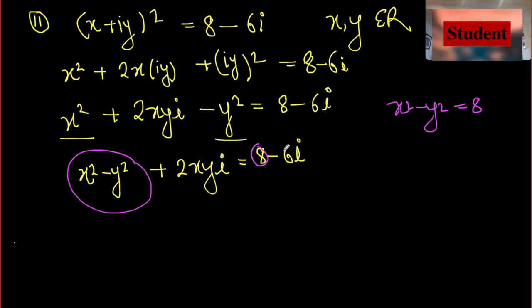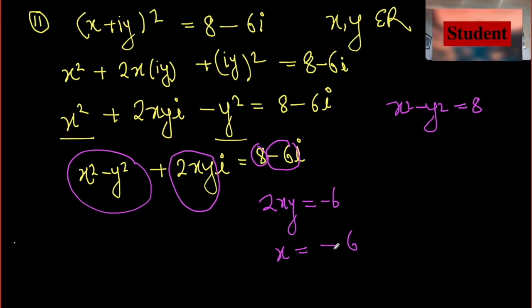This will be equal to minus 6, so can I write 2xy is equal to −6? So from here, x is equal to −6 over 2y, and that will give you x is equal to −3 over y.